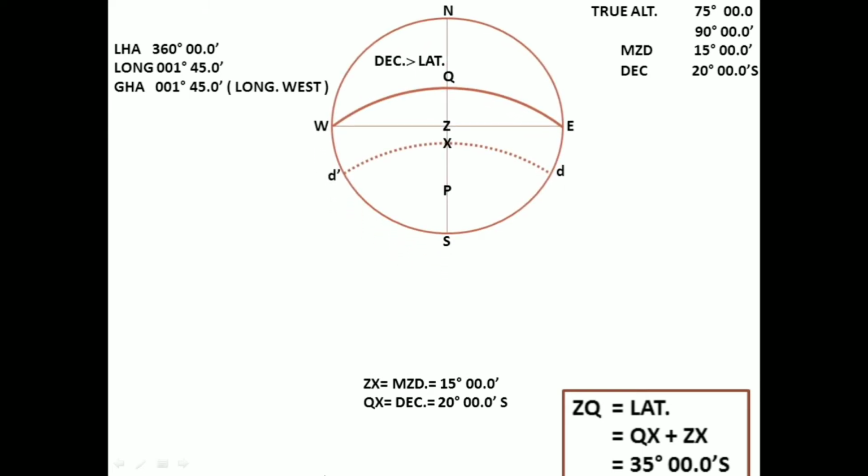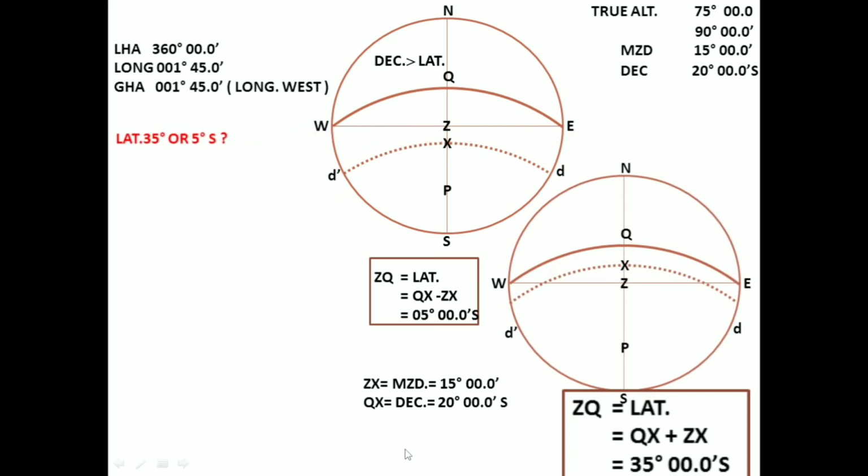The last possibility we discussed was where the declination is greater than latitude, as you can see here. The declination is more than the latitude. In this case, zenith distance 15, declination 20, so my latitude would be 5 degrees south.